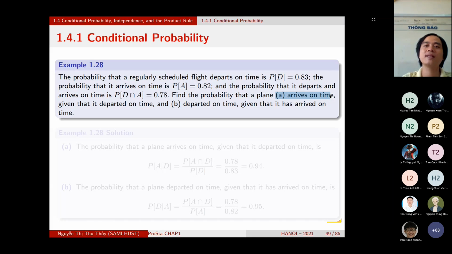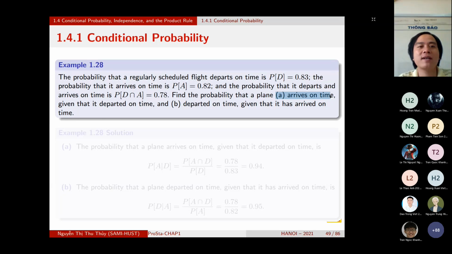For example, it departs at Nội Bài Airport and the destination is Ho Chi Minh City.